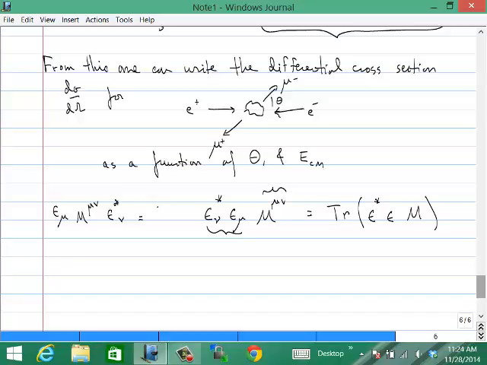So for example, we have this result for the scattering cross-section. Let me just quote the answer for you in one particular case. Rather than writing down the complete dependence on the scattering angle theta, let me just integrate over theta and give you the total cross-section.